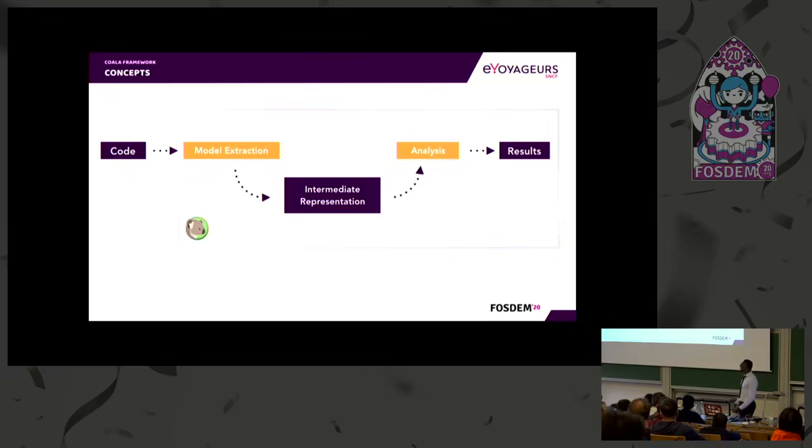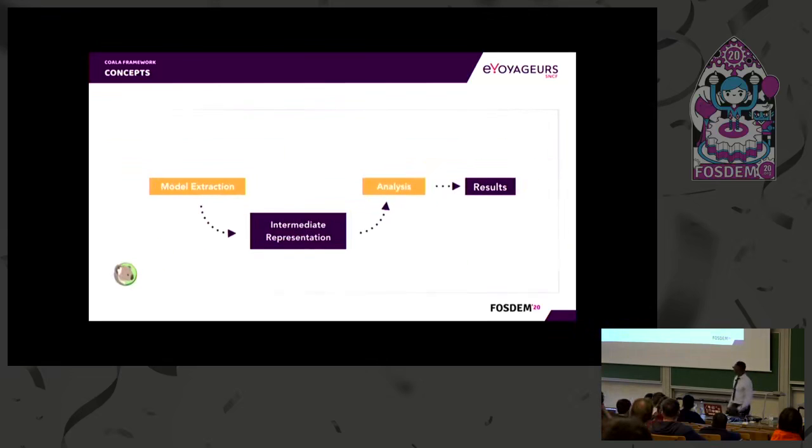You then produce an intermediate representation. You have AST. You also have data structures. You could also have call graphs and also control flow graphs.